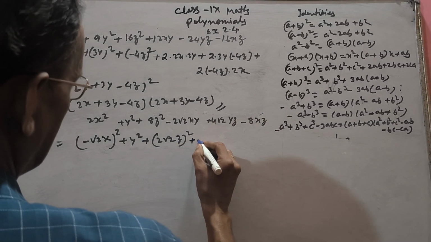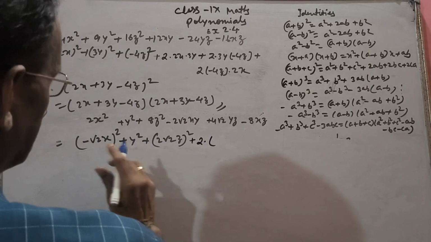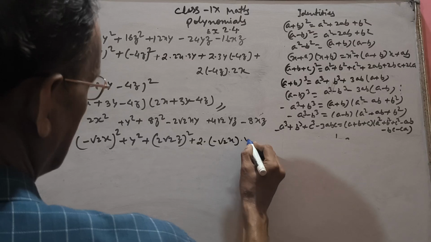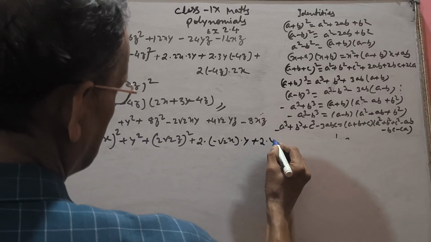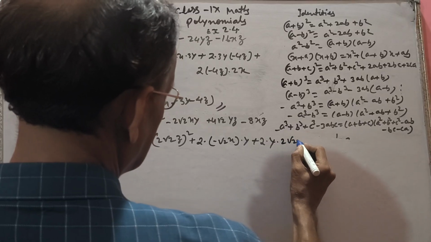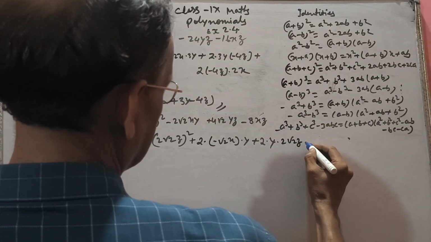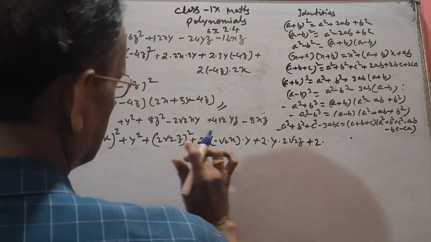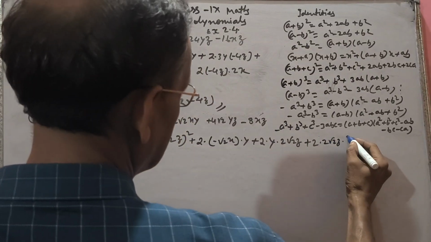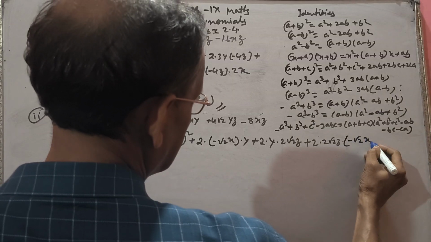You can write here the formula: 2 into A, which is minus root 2x, into B, which is y, plus 2 into B, which is y, and C, what? 2 root 2z, plus 2 into C, 2 root 2z, into A, which is minus root 2x.